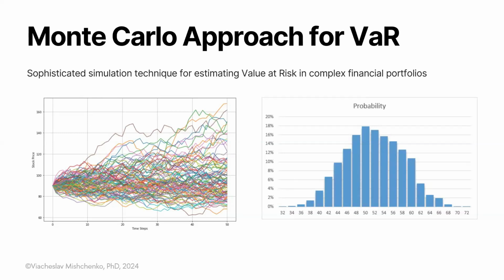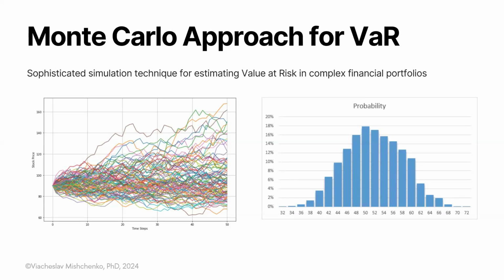Each scenario may generate a possible value for our portfolio at the target horizon, say 10 days from now. We can run thousands of these simulations, and by this we can build up a distribution that converges towards the true, albeit unknown, distribution of our portfolio's value.